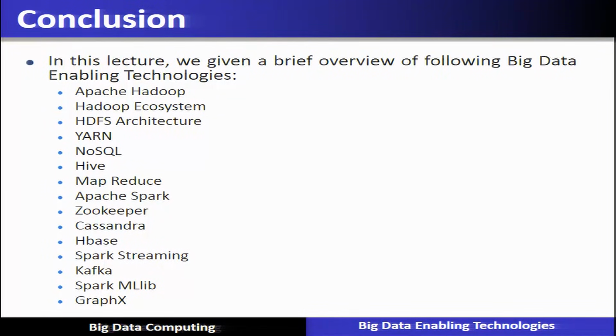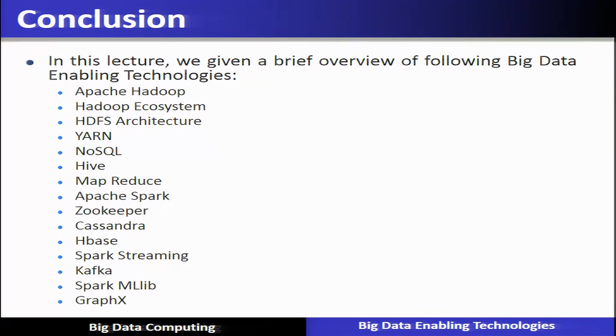In conclusion, we have briefly overviewed the big data enabling technologies. In short, we have discussed the Hadoop ecosystem, which comprises the HDFS file system, YARN, MapReduce, and then over MapReduce we have seen Hive and Pig, and various NoSQL databases, Cassandra and HBase, using HDFS.